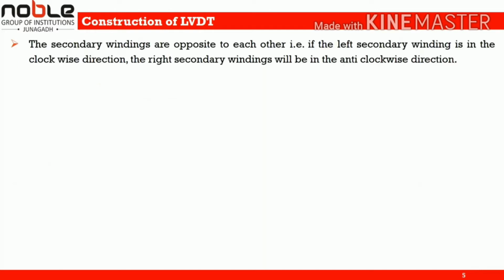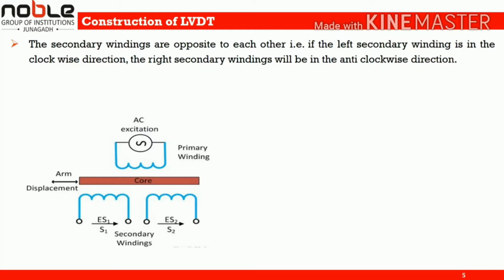The secondary windings are opposite to each other. That means if the left secondary winding is in the clockwise direction, the right secondary winding will be in the anti-clockwise direction.